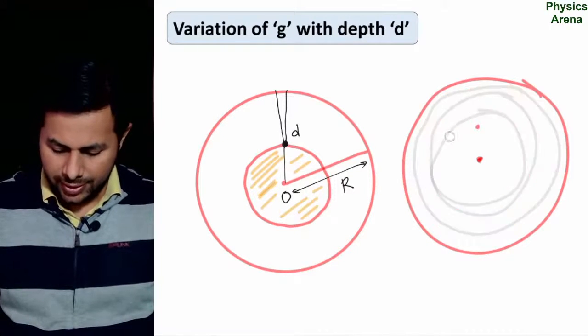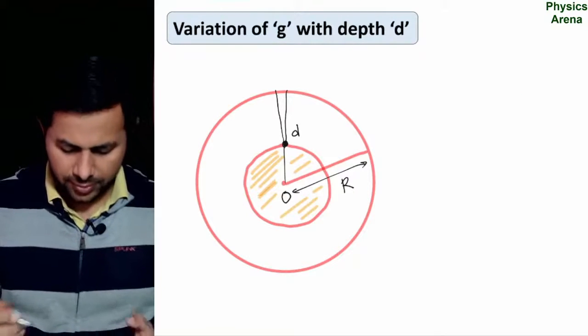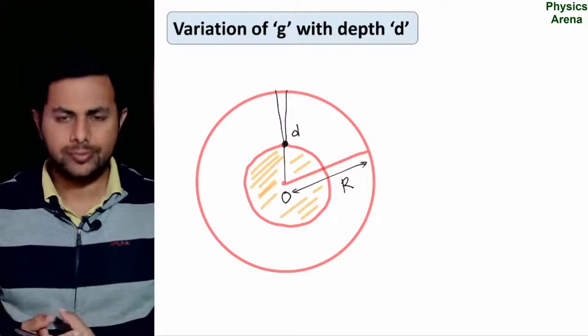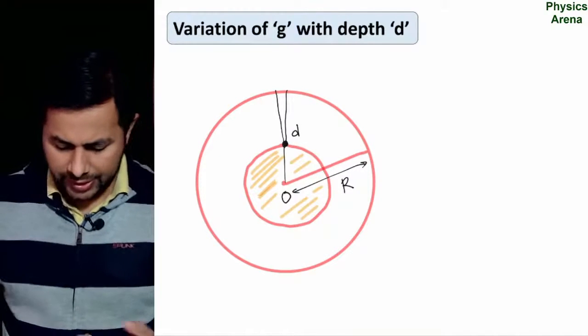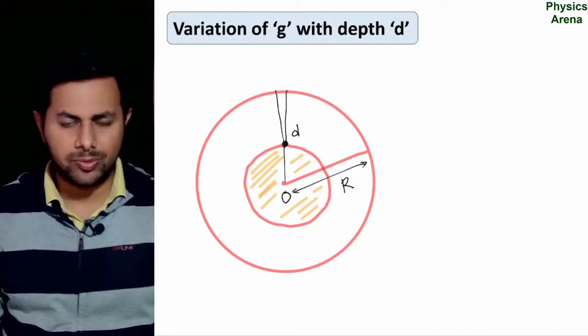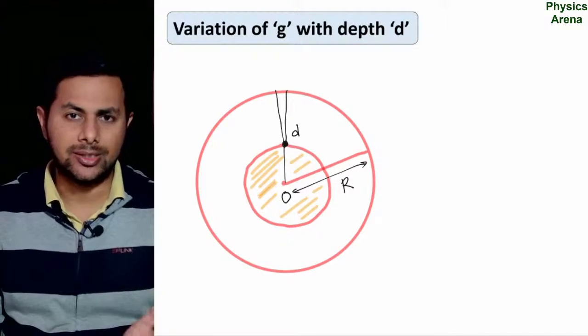All right. So now let's do what we have just explained. Let's consider the density of Earth. Let's suppose that the Earth has uniform mass distribution.